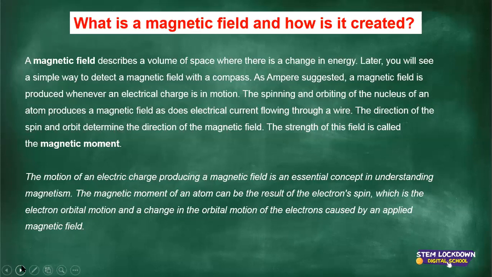So what this means is, I'm going to repeat myself, the electrons are spinning in their orbit, and as they spin in their orbit, they move in a particular field. And this is called electron orbital motion.